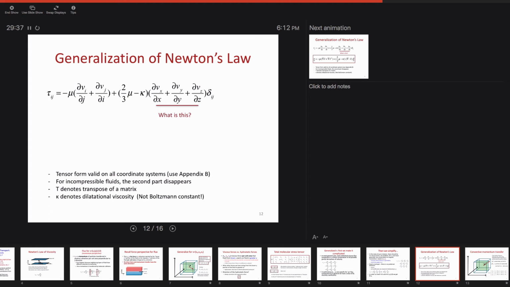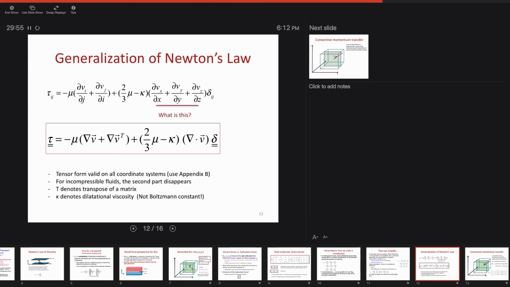so this here is a divergence. That's actually just a number, times delta ij. I know how to write a matrix for delta ij. That's my identity matrix, right? So if we want to write this down, we're going to get that my tensor tau is minus mu gradient of v.